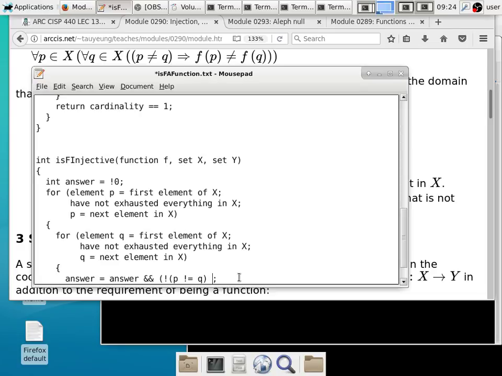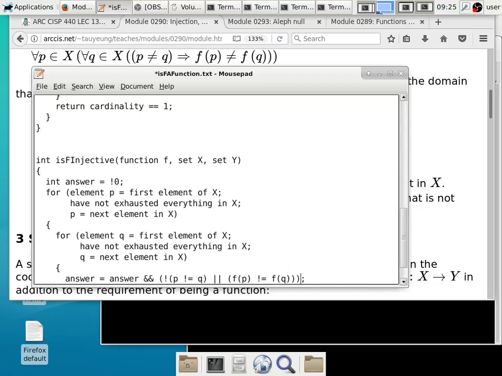Is that okay? Okay, so here's an OR: F of P does not equal F of Q. So this is a literal translation of the logic in mathematical notation. I'm just counting the parentheses. I think that's right.